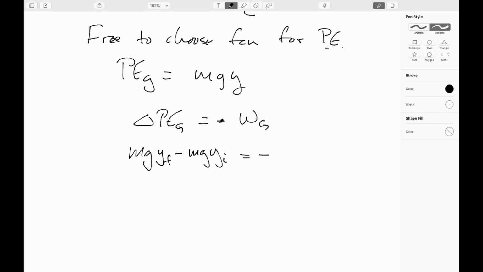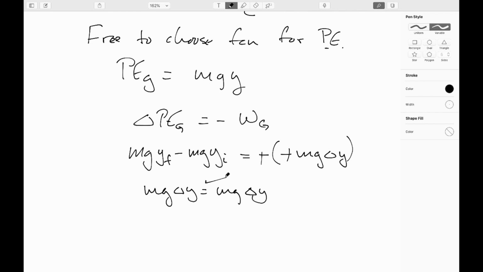So that'd be minus a minus mg delta y. Cancel, cancel. This is mg delta y equals mg delta y. So that checks. That is a legit choice.